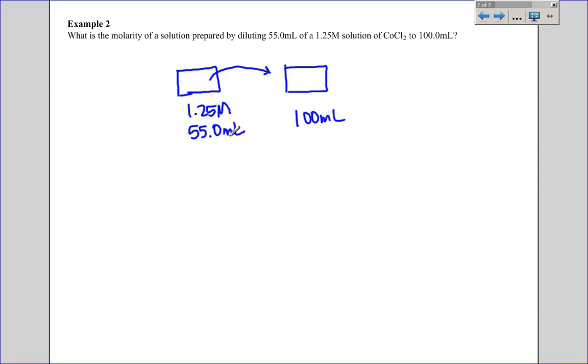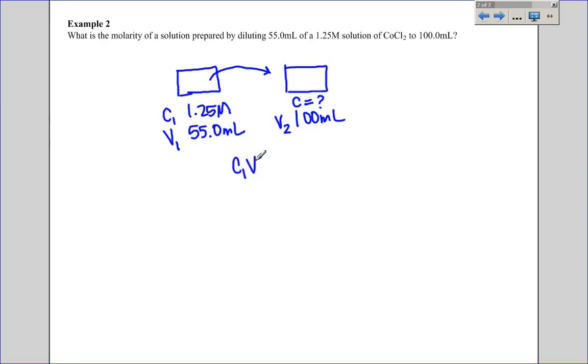So basically what I'm doing is I'm taking 55 milliliters of this solution, and then I am adding an extra 45 milliliters of water, and I'm getting a new solution of a diluted concentration. So this is my C1, this is my V1, this is my C2, and my V2.